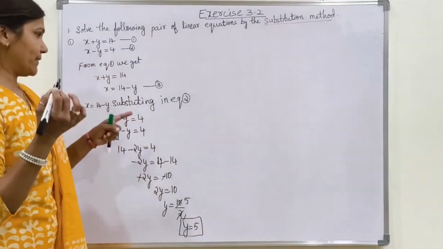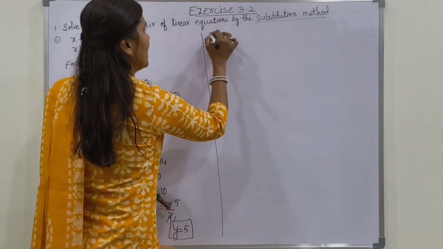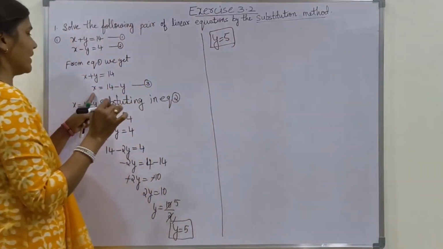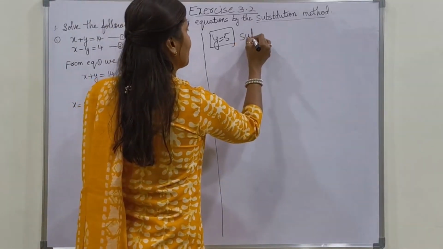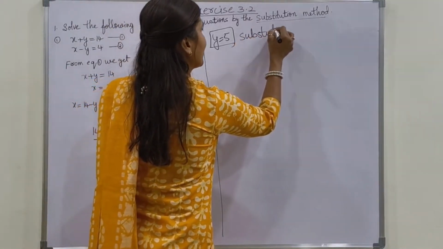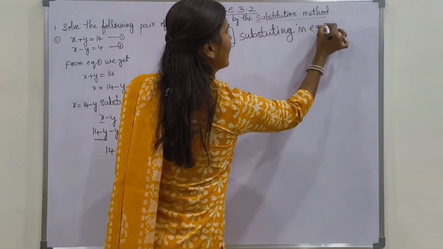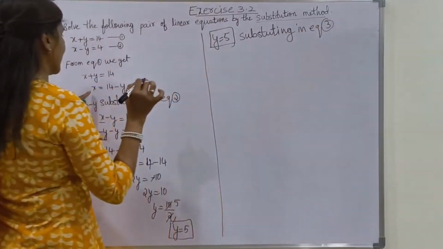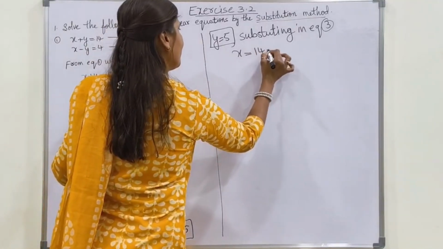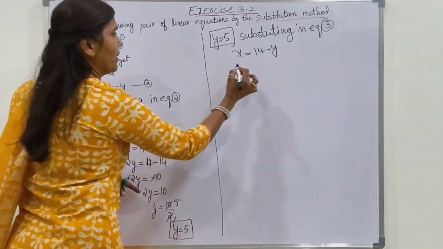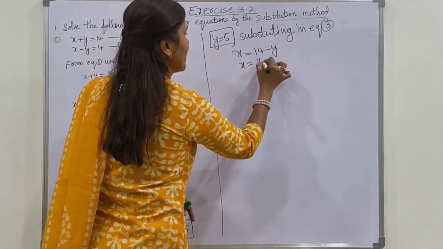You got the y value, 5. But we want the x value also. How to do it? y is equal to 5, substituting in equation 3, and directly you will get the x answer. Equation 3 is x is equal to 14 minus y.